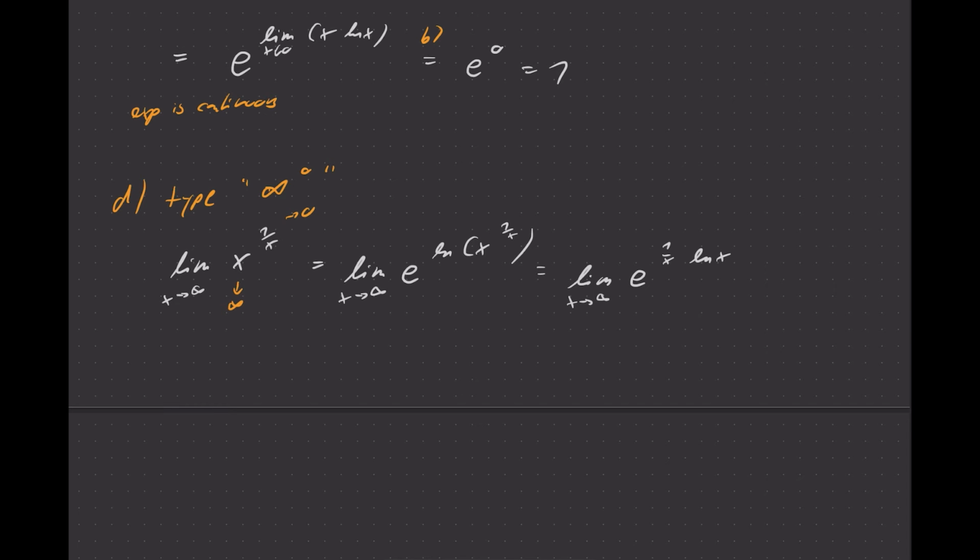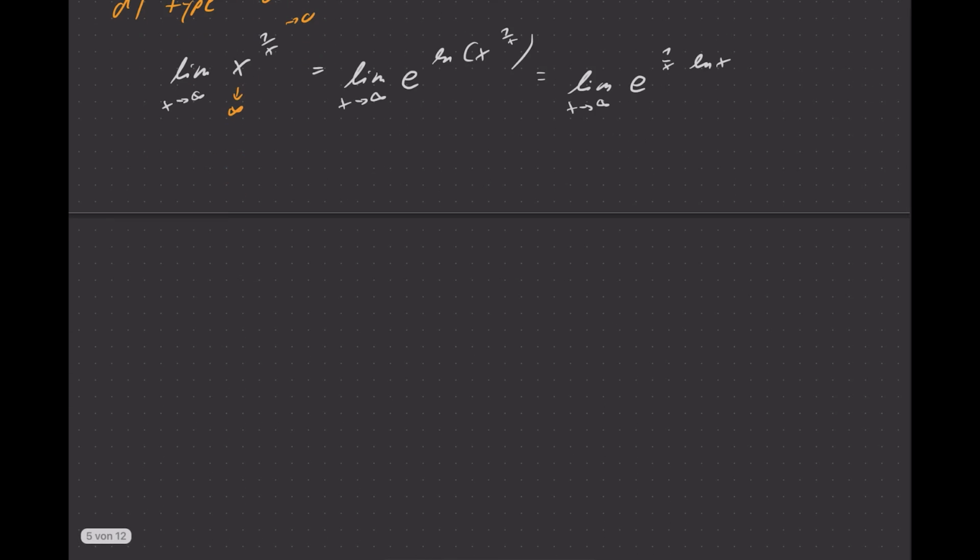And again, as the exponential function is continuous, we can write this as e to the limit as x tends to infinity of ln x over x. So all we need to do is compute that limit. So let's do that. We need the limit of ln x over x as x tends to infinity.